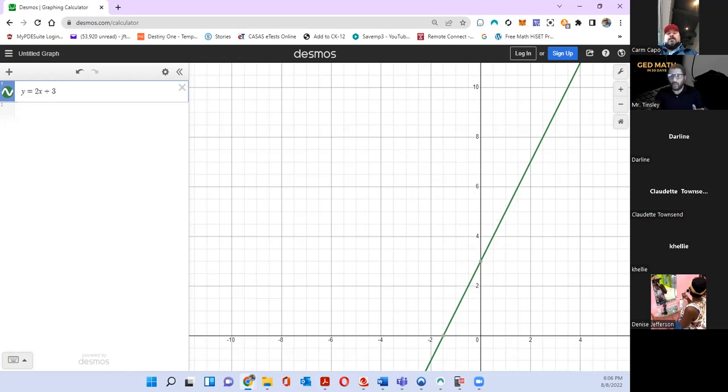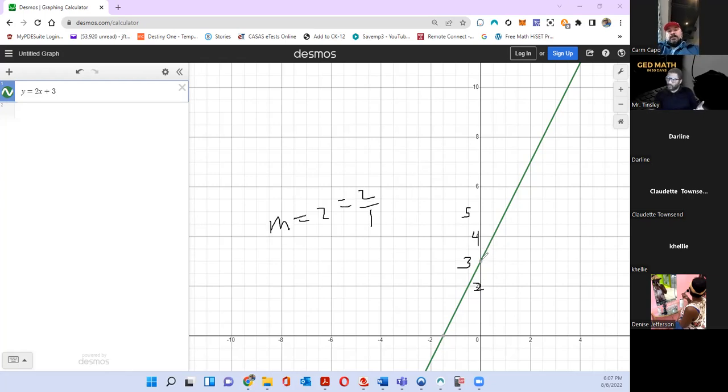Now, this is another question. If you notice, this scale is 2, 4. So every 2 is a 1. So this is 3. This is 5. This is 6. So if my slope is 2, which is 2 over 1, that means I need to go up 2.